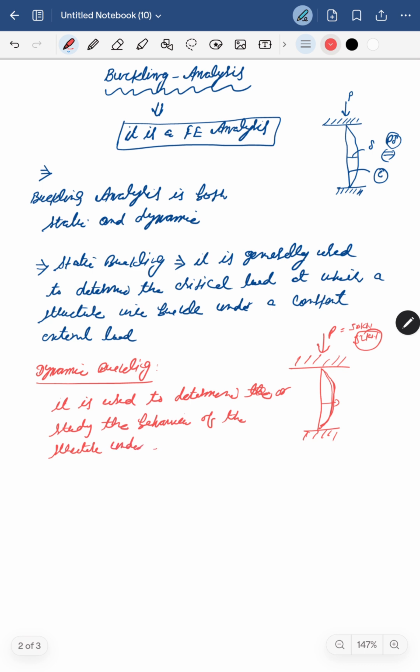So buckling analysis is both static and dynamic.